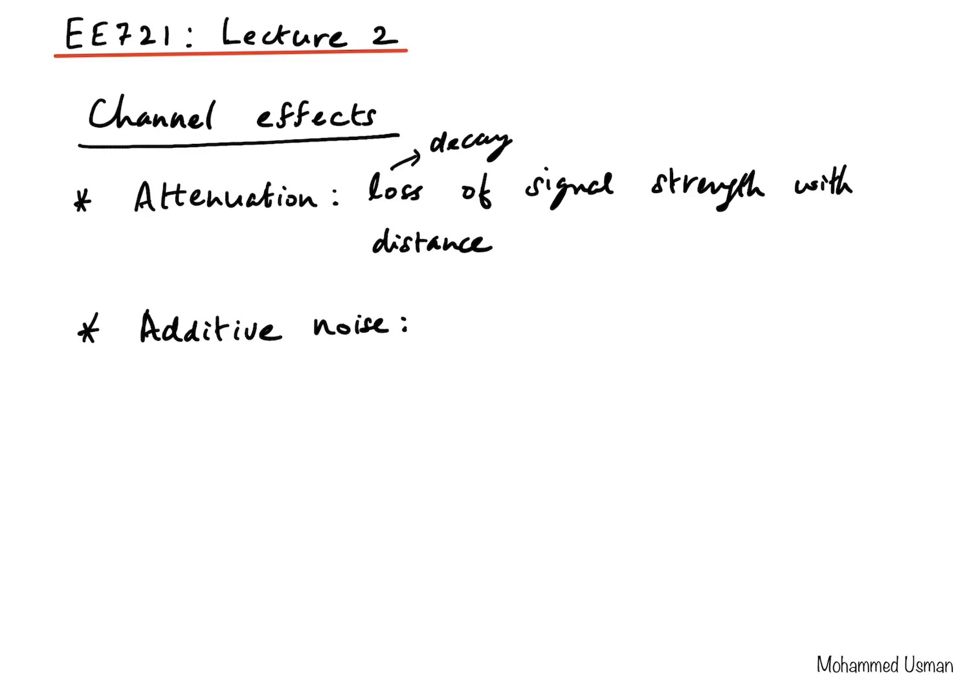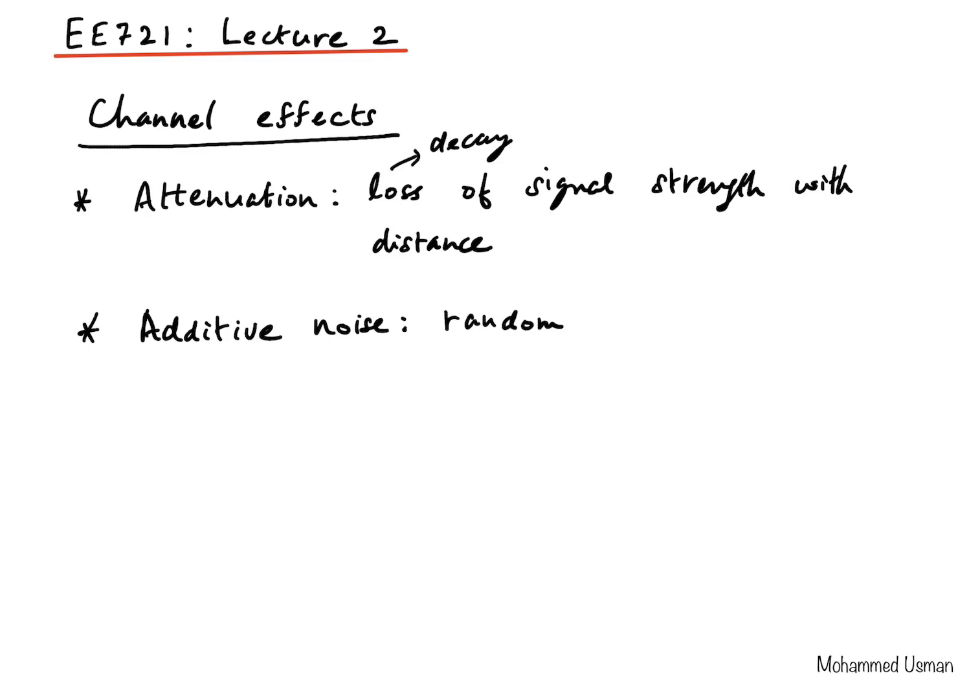In the case of environmental noise, one example was the lightning discharges coming from a thunderstorm. Irrespective of the source, additive noise is typically random in nature, so we have to use statistical techniques to analyze and deal with it.